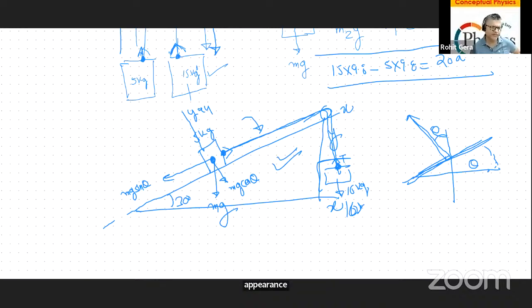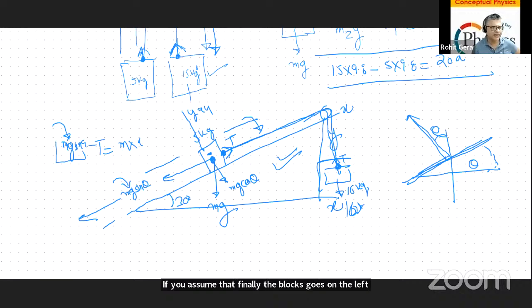And look at the free body diagram of this block. The tension is on this side. If this wins, mg sine theta is trying to bring the block towards the left, and the tension is trying to take it up. So you will subtract it. If you assume finally the block goes to the left, the left force is bigger than the tension, m into a.